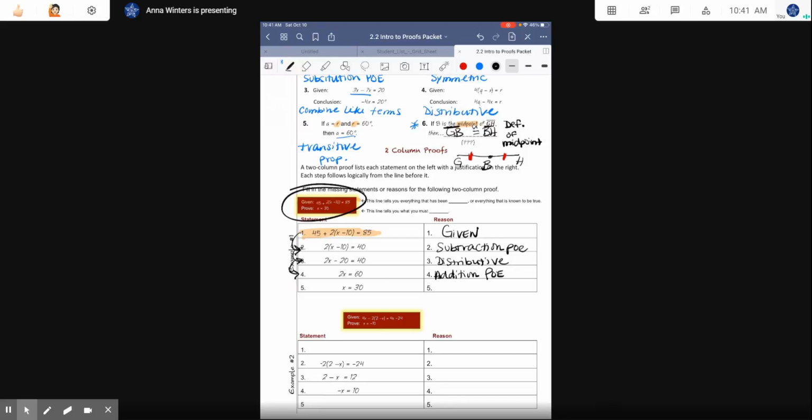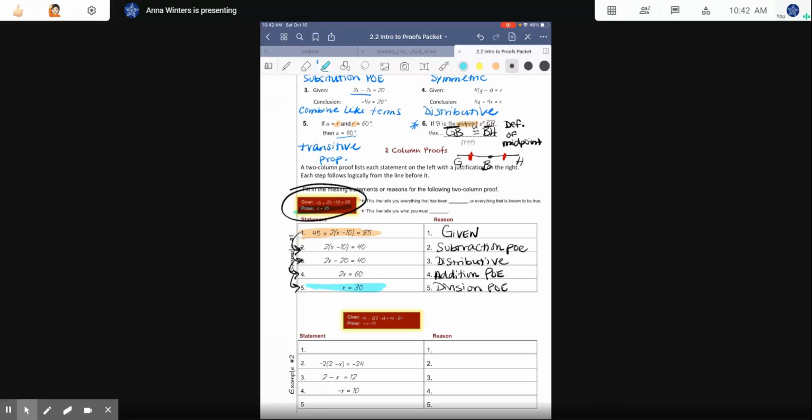And then from line 4 to 5, I'm going to write how I got to my last line. So what did I do? 2x equals 60. To get x by itself, we divide. So division, POE. And notice our last line here, it says x equals 30. Well, that's what we should have at our very last line on our proof.